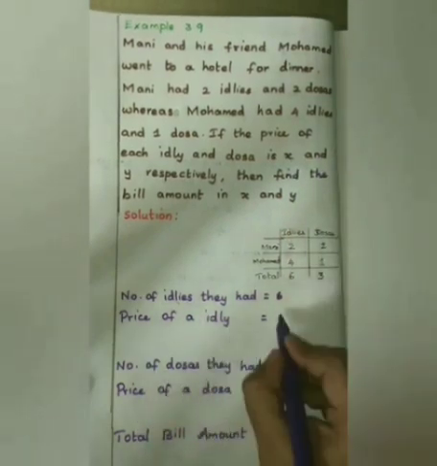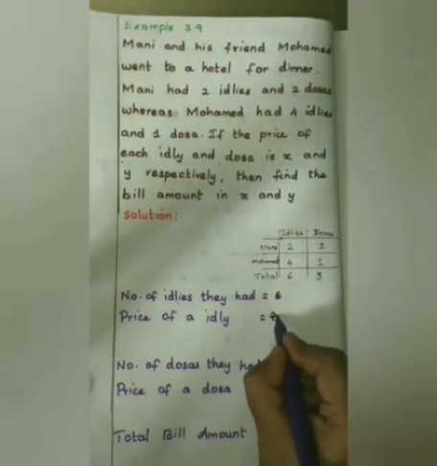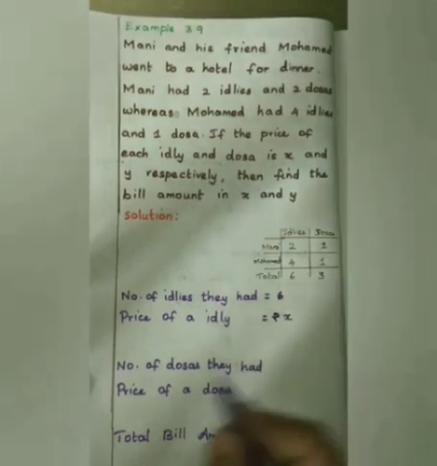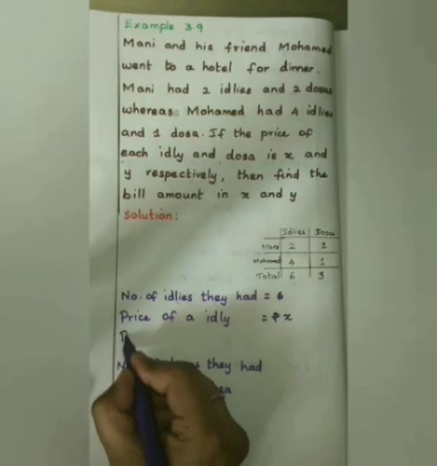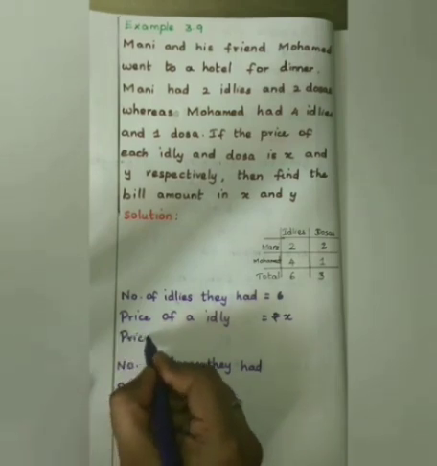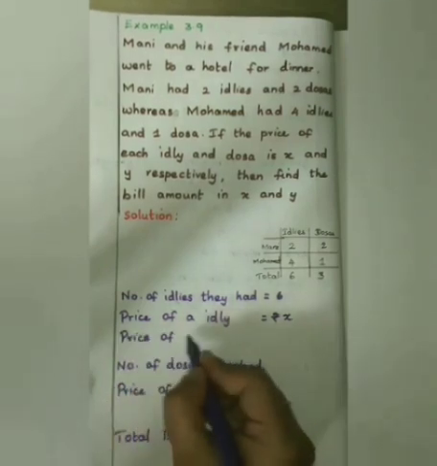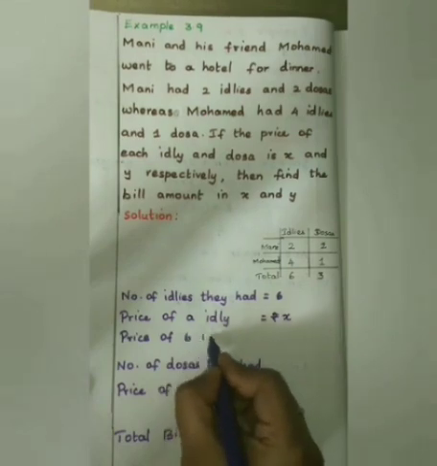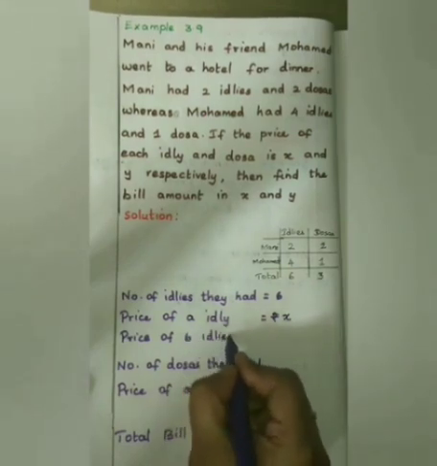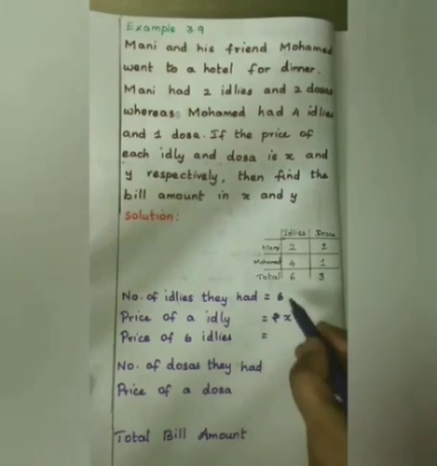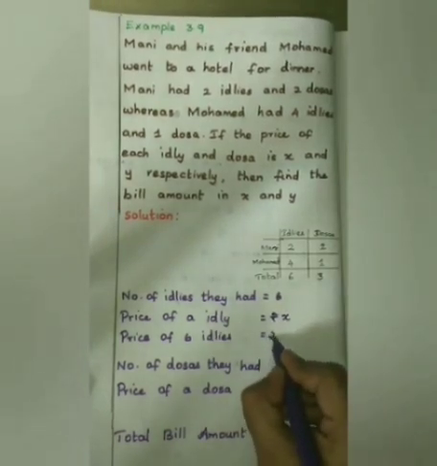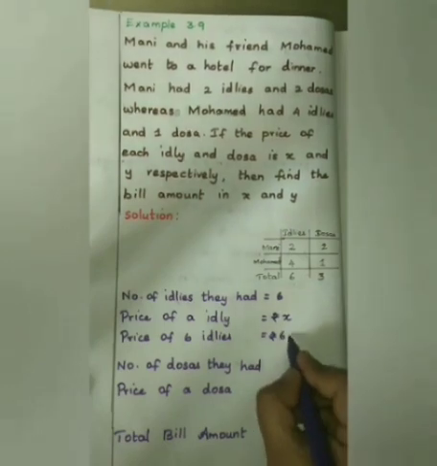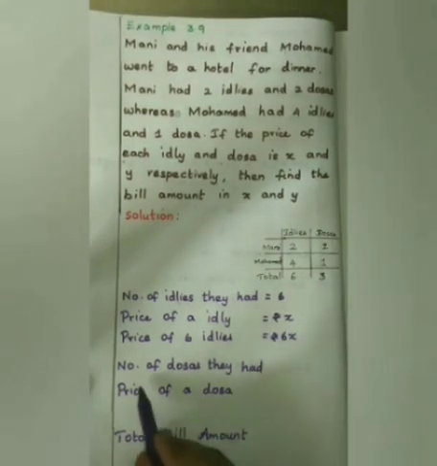Whenever you write price, you write rupees x. Now you find the price of 6 idlis. To find the price of 6 idlis, multiply 6 into x. So rupees 6 into x is 6x.